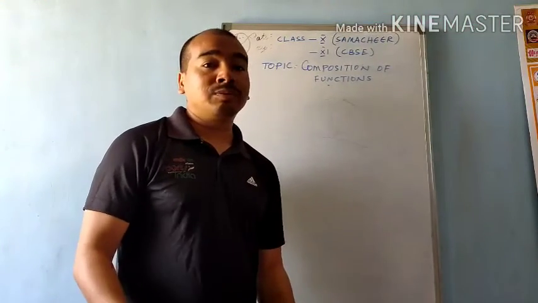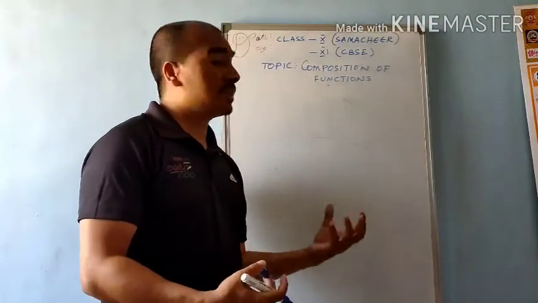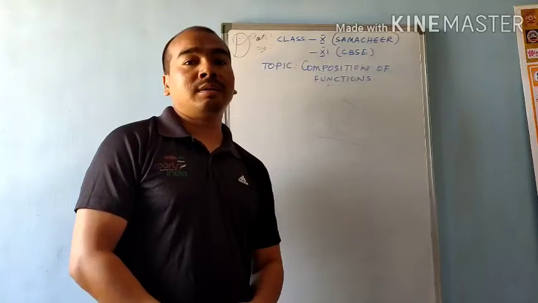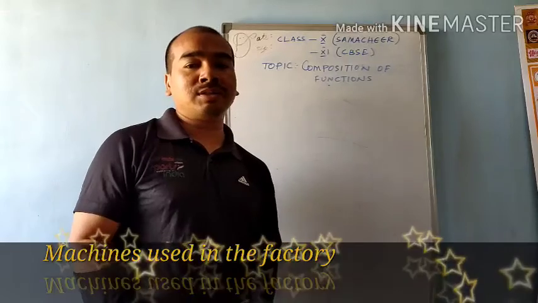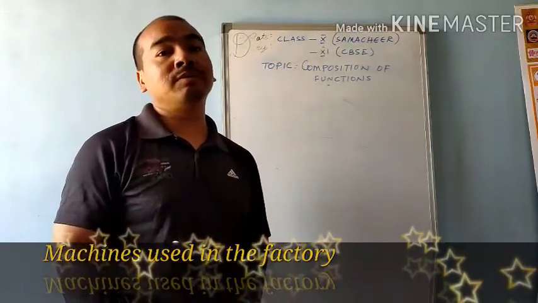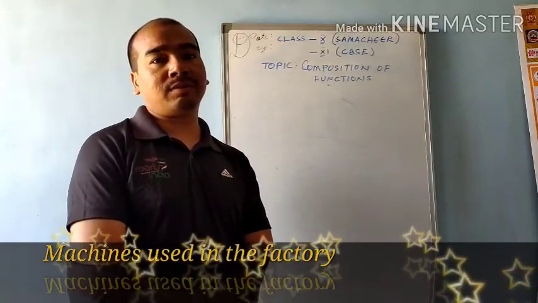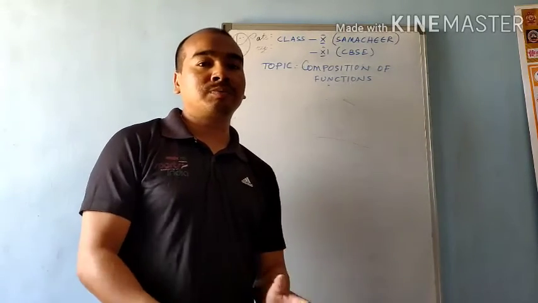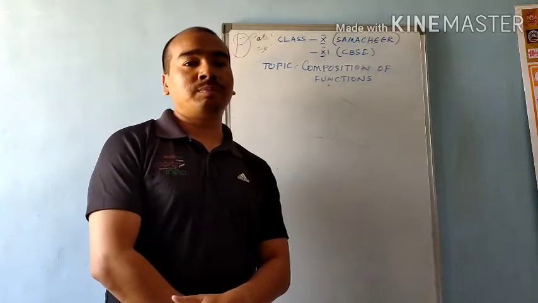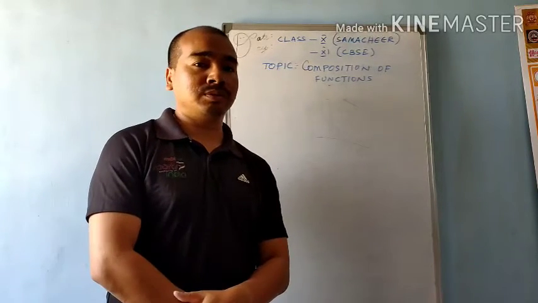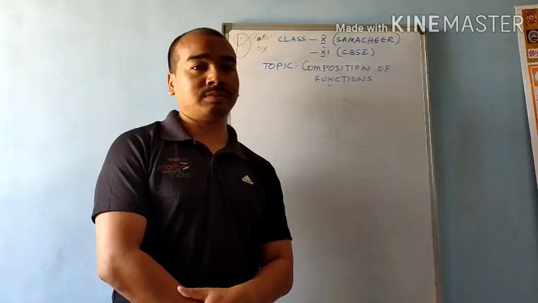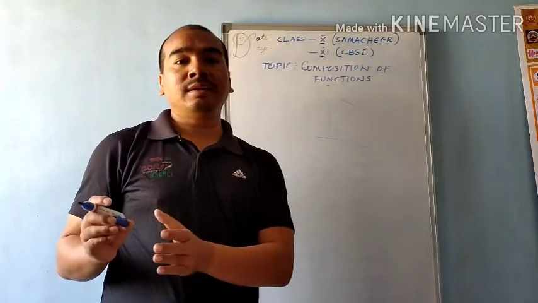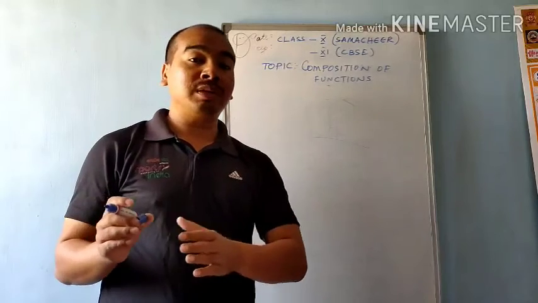I would also like to bring this concept into our real life. It's just like machines used in a factory. For example, I have a mango juice factory, and if I want to prepare mango juice, what are the procedures? Raw mangoes we need, then we have to clean them first.